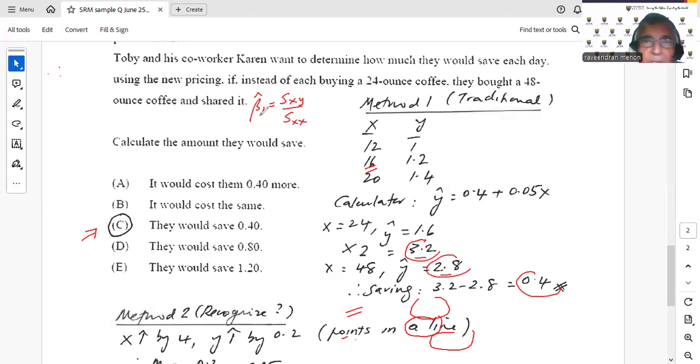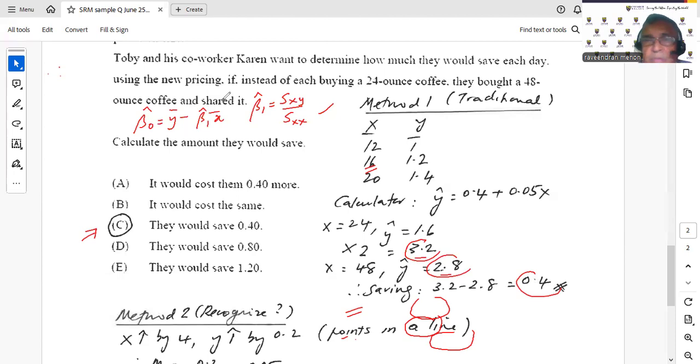So you can use these formulas and work out your beta 1 hat, and then you can get your beta naught hat by using your y bar minus your beta 1 hat x bar. All these numbers you can easily get, because y bar is just the sum of all the y values divided by the number of values, and x bar is the same thing. Sum all the values and divide by the number of values you have, average, right?